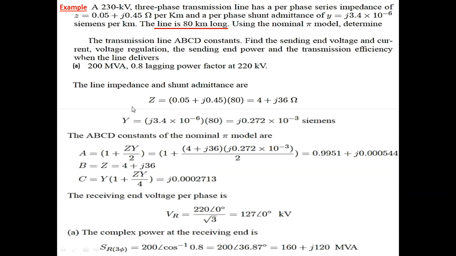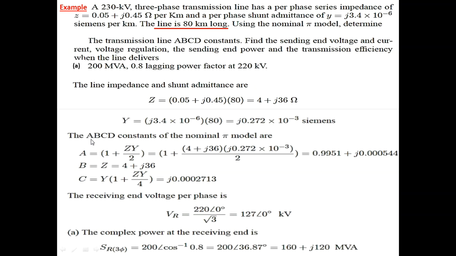So the total impedance of the transmission line is given by capital Z equals the small z times the length, which equals 4 + j36 ohms. And for the total admittance of the transmission line, we just multiply small y times the length of the transmission line.